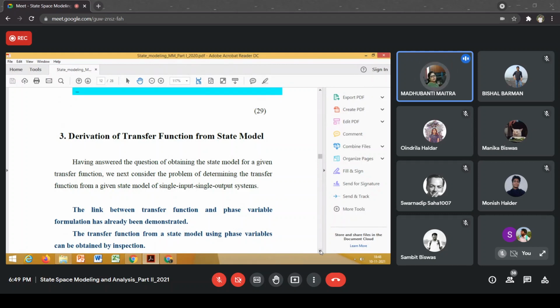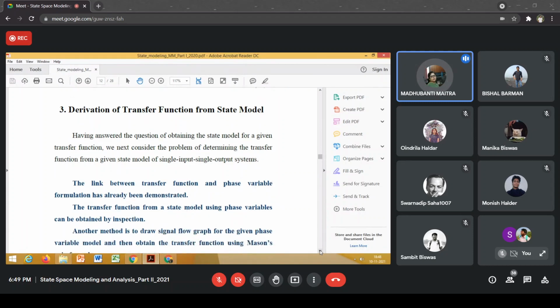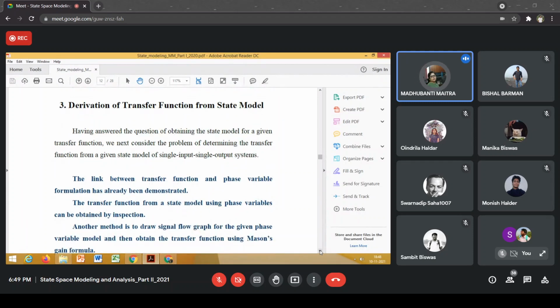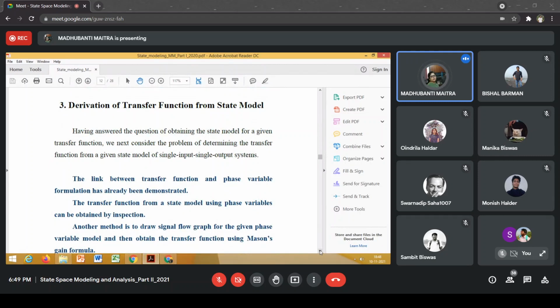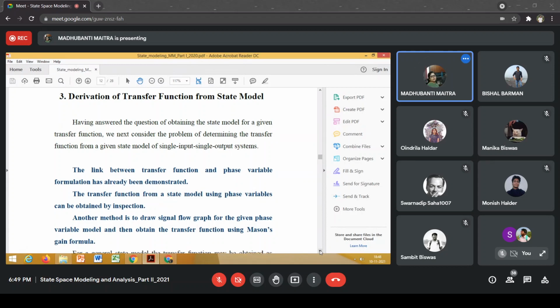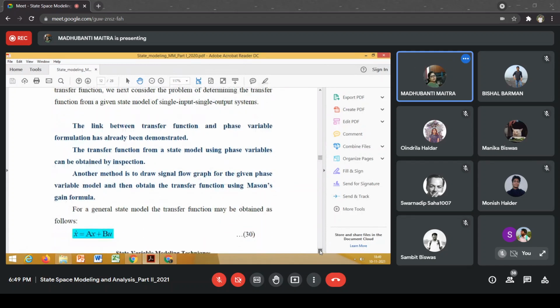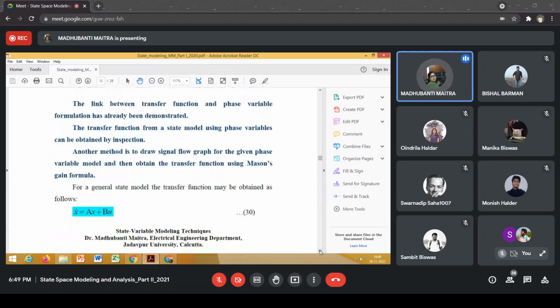Again, please do recall that in this course we are studying linear time invariant systems, hence the transfer function is valid. So from the state model, whether we can obtain the transfer function or not, that is to be established. The link between transfer function and phase variable formulation has already been demonstrated.